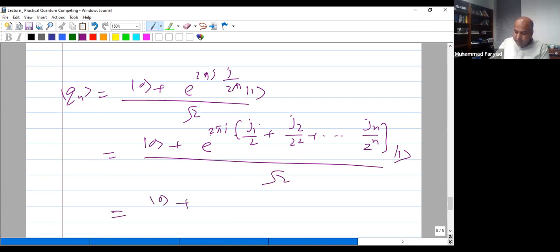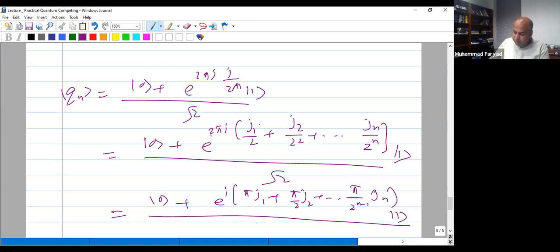So now when I take this 2 pi inside, this becomes iota pi j1. Next becomes iota pi by 2 j2, all the way to pi over 2 power n minus 1, because this 2 cancels away into jn.